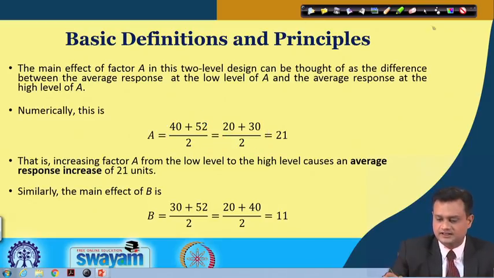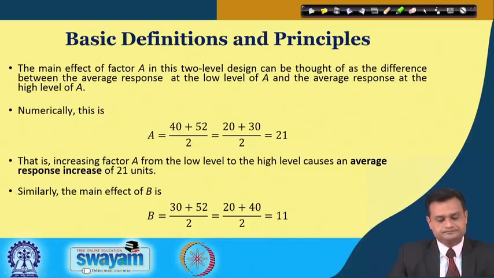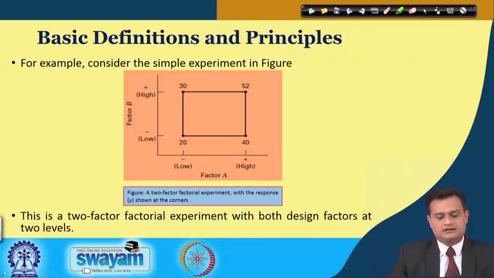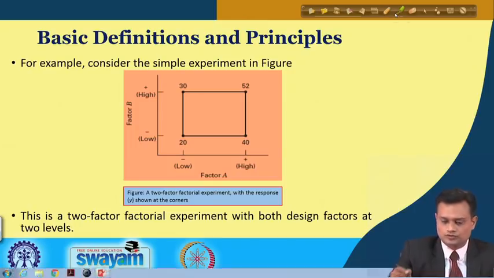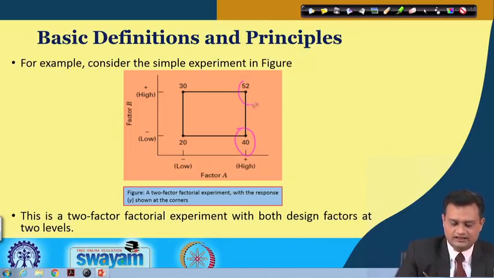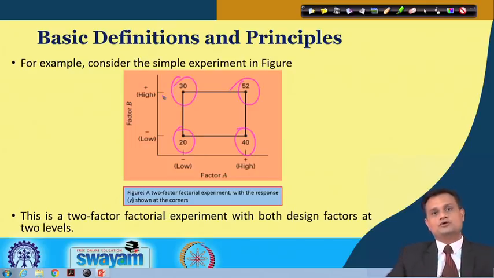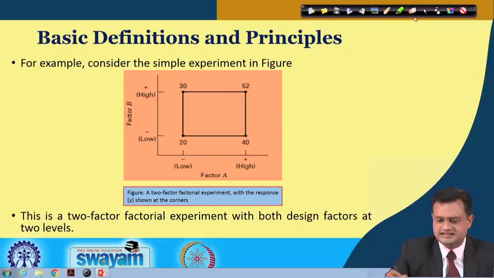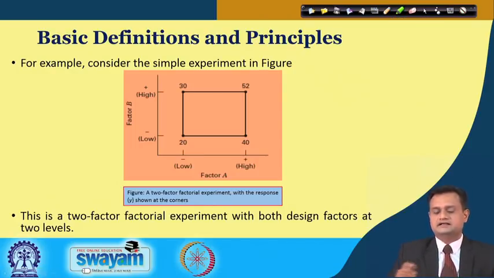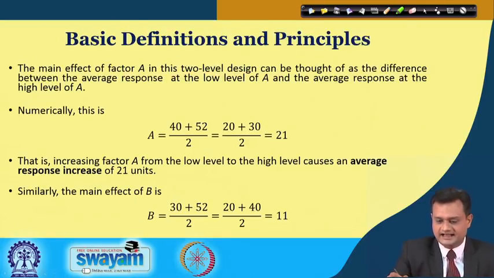So you can see what is happening here: 40 plus 52, the high level, divided by 2, minus 20 plus 30 divided by 2. This will give me the change in response due to factor A, because of the change in setting from low to high, and in the same way you can analyze the other factor.